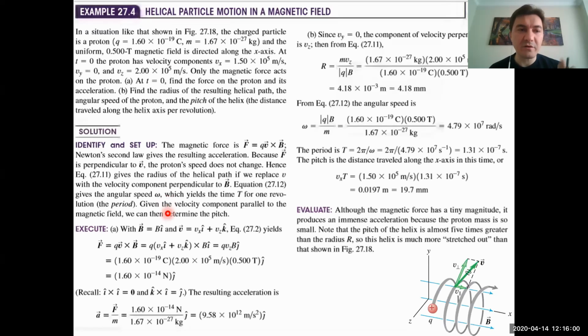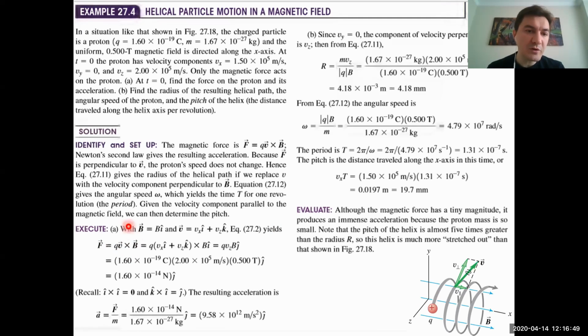So now let's have a look. This is the equation. F is equal to q v cross B. So here we have a vector product. Where is B? Magnetic field is directed along the x-axis, only along that direction. But v has two components. One is along the x-axis and the other one is along the z-axis. So I can write B like this: B times i, only the component along the x-axis, and v has a component along the x-axis and a component along the z-axis.